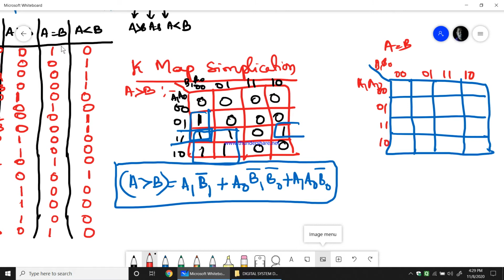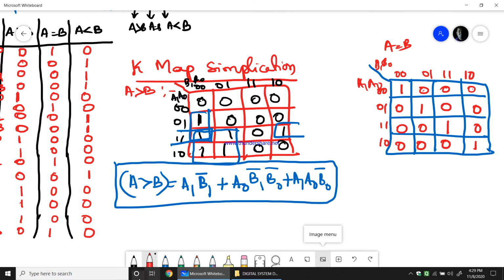So A equals B is 1 for 0, whereas 1, 2, 3, 4 are all zeros. 5 is 1, 6, 7, 8, 9 are all zeros. 10 is 1, this is 0. So only 15 is 1 and all others are 0.